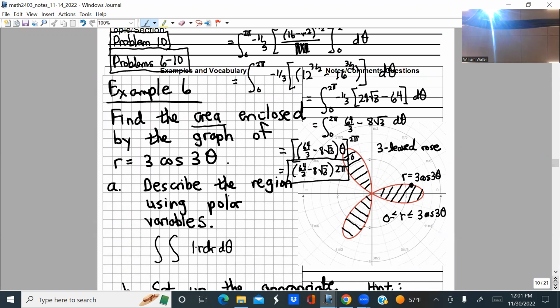So your inner limits of integration are not simple, but at least we can write them down. It's going to be 0 to 3 cosine of 3 theta.